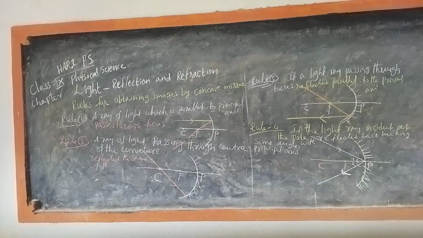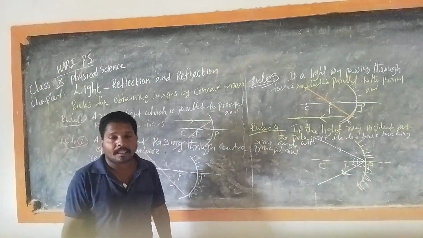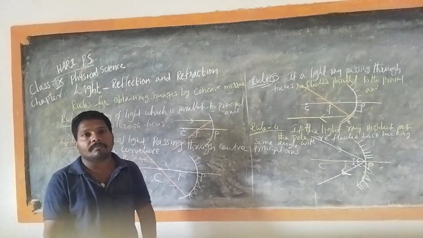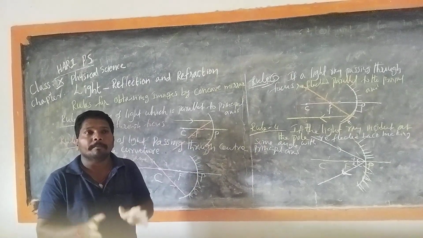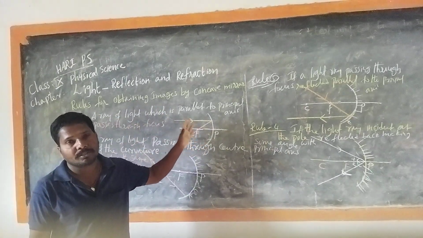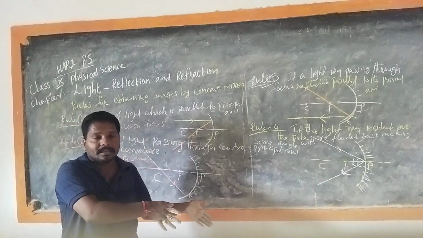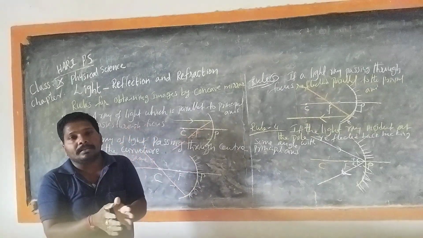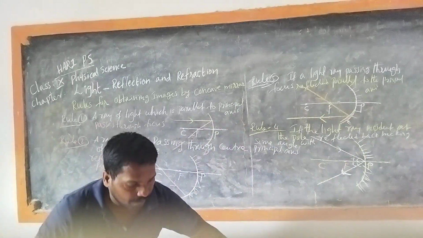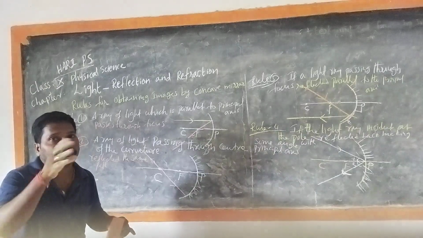So now let us discuss the formation of images by a concave mirror, by following these rules. We place the object at different places, then see at which places the image of the object is formed. So, formation of different types of images and their characteristics.